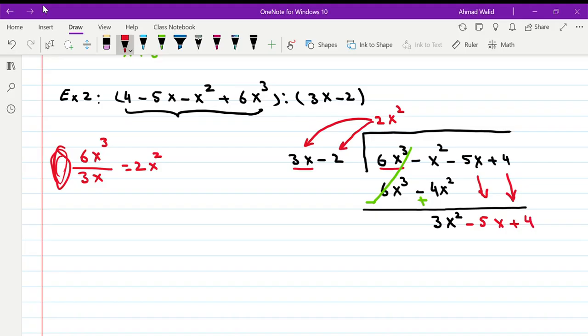In a normal long division with numbers, you bring one number down. But when you are dealing with polynomials, no problem. Bring everything else down, correct? Now, again, my first term, which is 3x squared, divided by the first term here, 3x, gives me what? Only x.